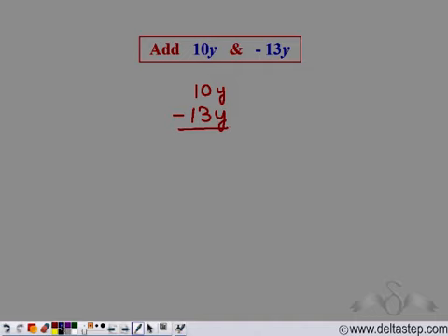Their sum will be another like term, that is the term with algebraic part y. Coefficient will be the sum of these two coefficients, that is 10 and negative 13. The sum of 10 and negative 13 is negative 3. So this is the answer. 10y and negative 13y, their addition gives us negative 3y.